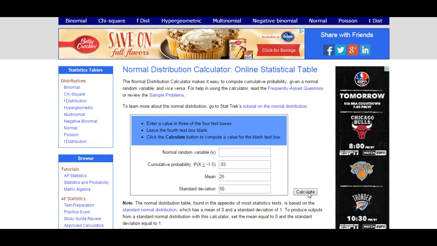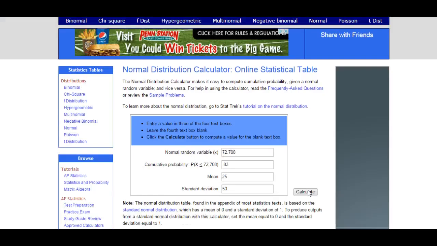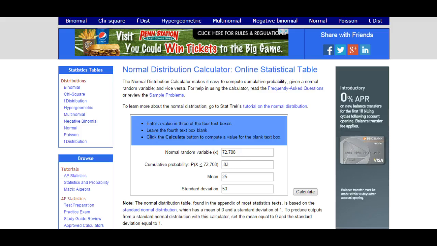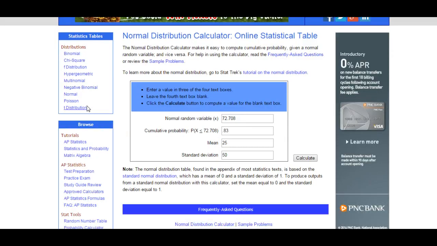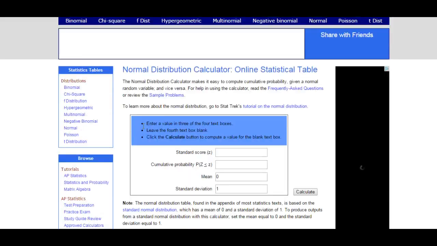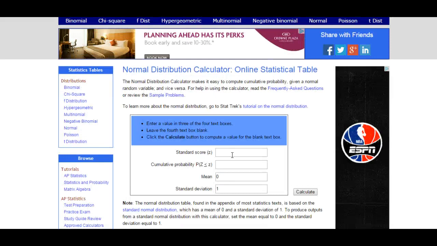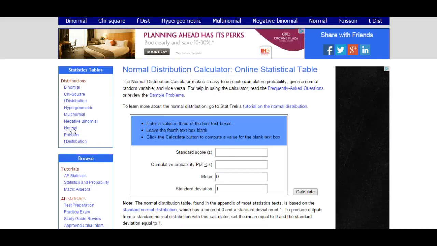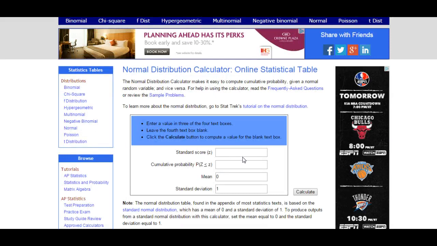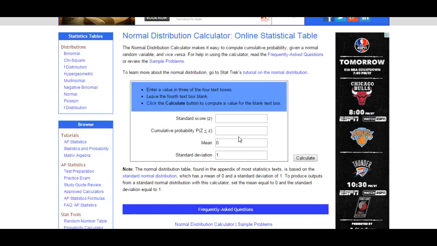So we can go ahead and calculate. So in this case, the normal random variable will have value 72.7. Oh, that's actually giving the normal random variable. We wanted the z-score. Where was the normal distribution calculator? So this is the one in terms of the z-score. So notice there's also one in terms of the normal distribution value.